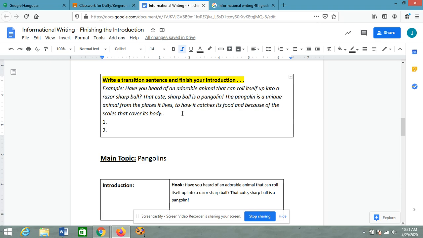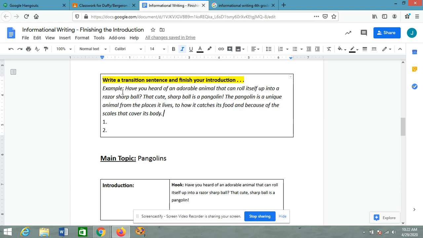The first thing you do if you're absolutely stuck is read back what you wrote. We talked about how the penguin was adorable. We talked about how it can roll itself up into a sharp ball. And then we talked about the subtopics. So you could take some of that information you already wrote and bring it back down to finish. Let me show you what I mean.